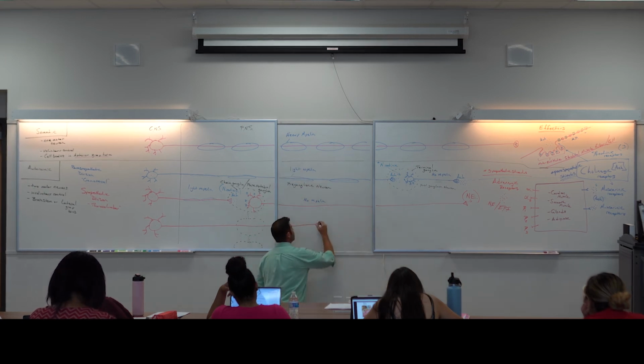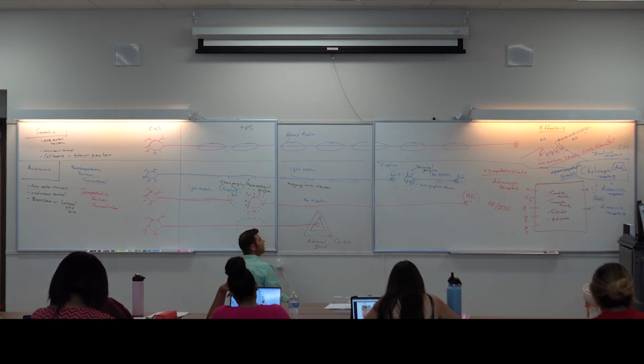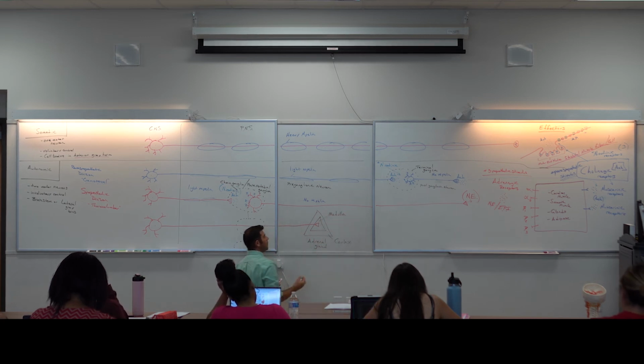is the adrenal gland. So let me put a little double layered pyramid. This represents our adrenal gland. There is what we call the adrenal cortex, the outer edge of the adrenal gland, and then there's this middle medulla region of the adrenal gland.